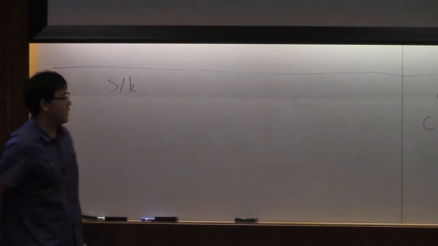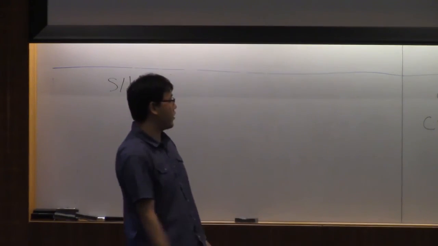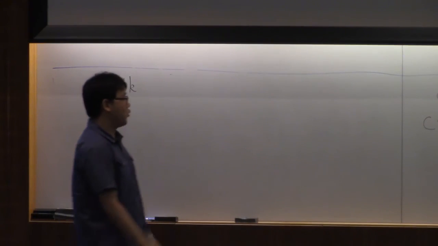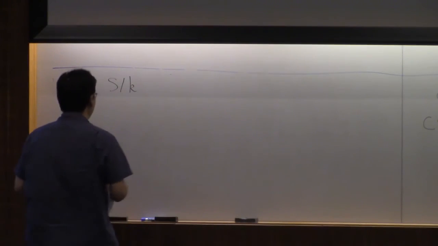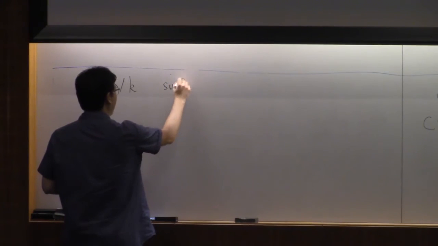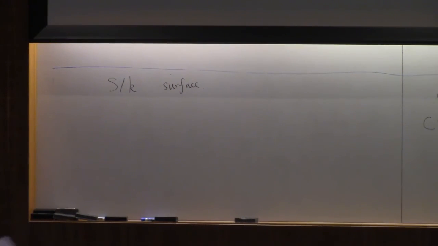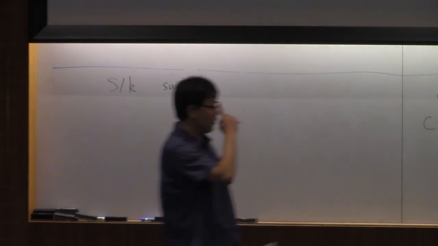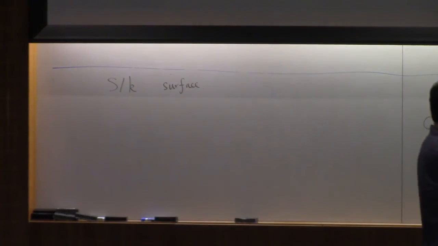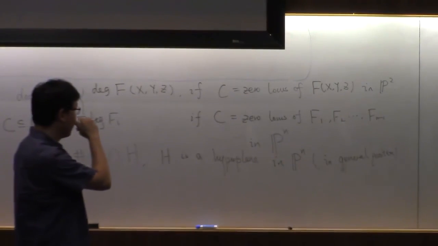I want to generalize this intersection number to arbitrary surfaces. So here I just start from an arbitrary algebraic surface. I remember you said that the degree of a curve depends on the way of embedding the curve.